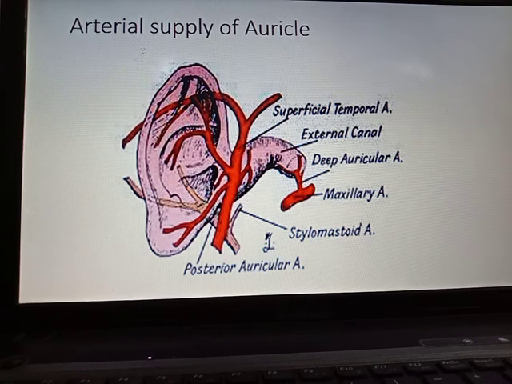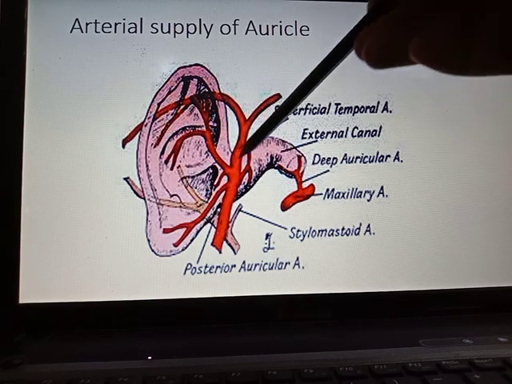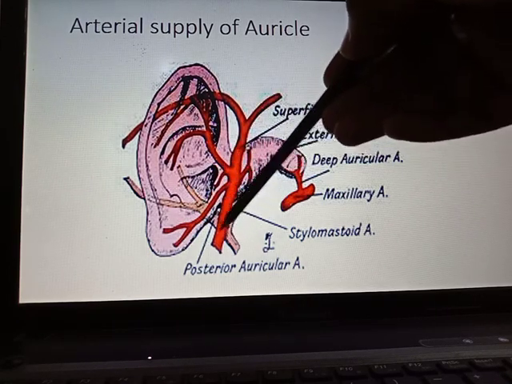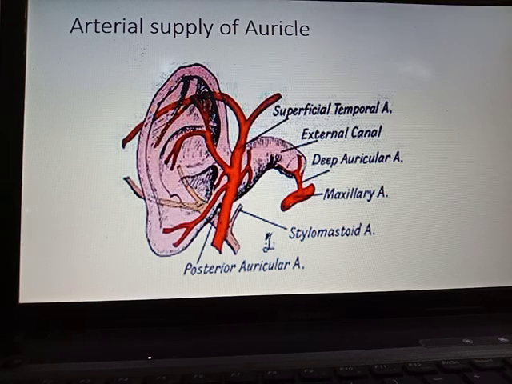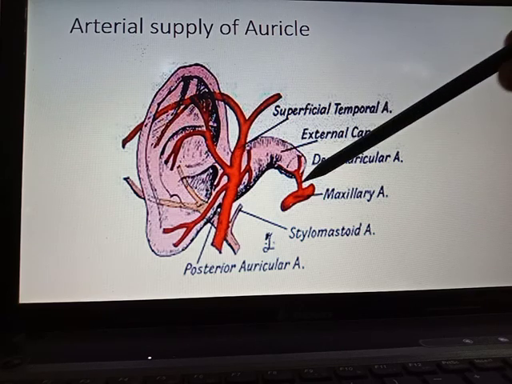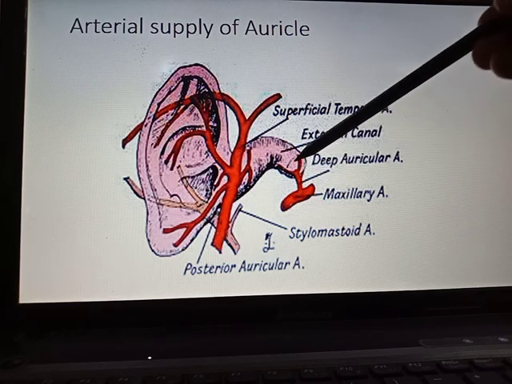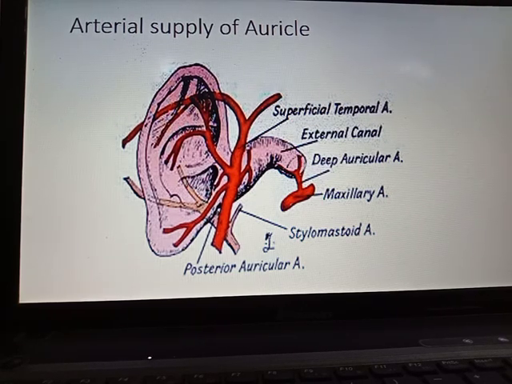The superficial temporal and the posterior auricular provide the blood supply to this area, and the deep auricular branch of the maxillary artery provides nutrition to the deeper, inner part of this external auditory canal.